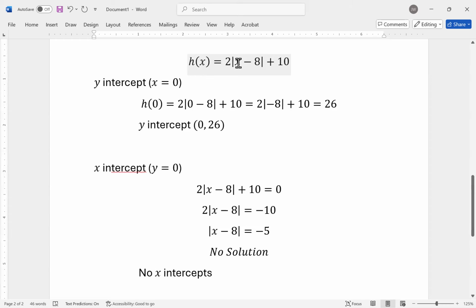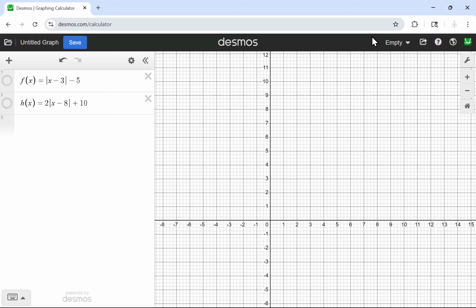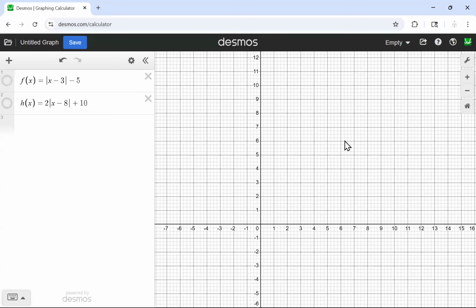Let's go ahead and graph that. Like I said earlier, I'm just going to utilize technology to graph this. We have 2 times absolute value of x minus 8 plus 10. So we knew our vertex was at (8, 10). And then it was going to go up by a vertical stretch of 2, so a little bit steeper than usual.